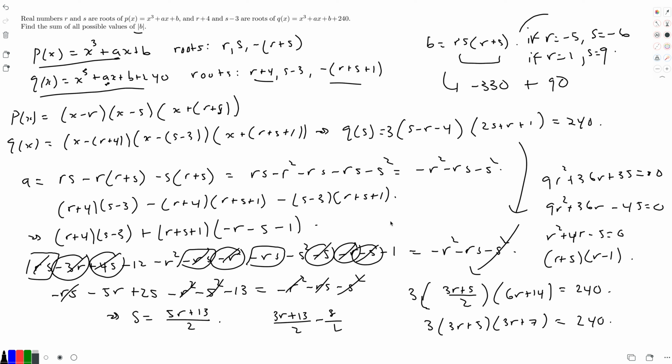Good. And we get negative 90. To get negative 420. Put that positive because we want to find the absolute value, and we are done.